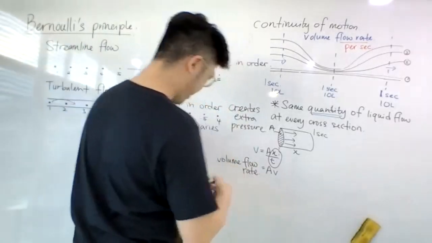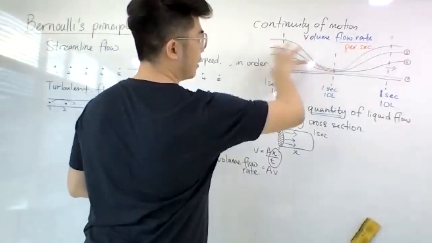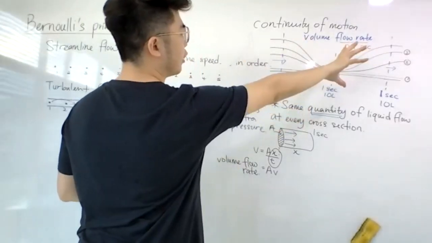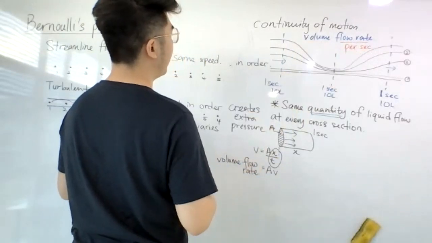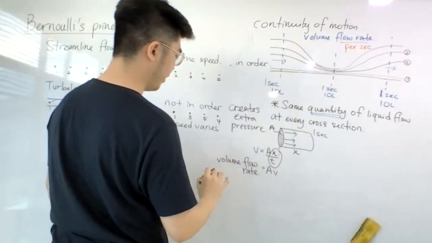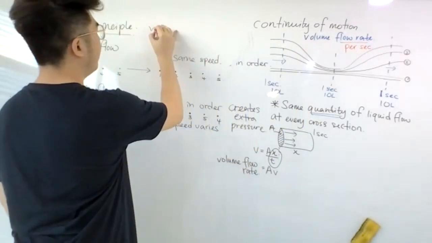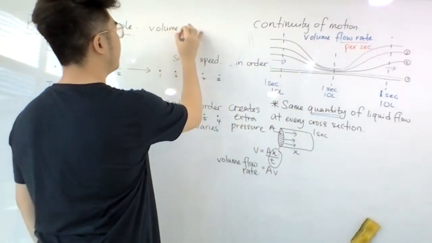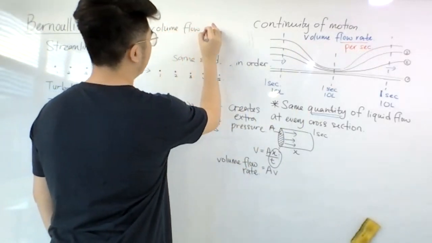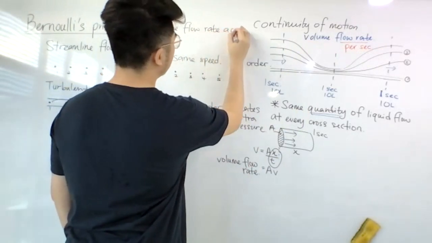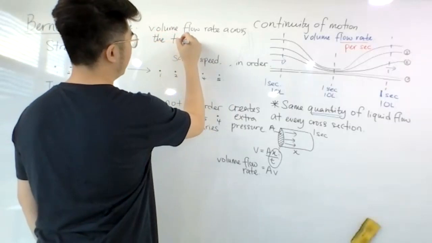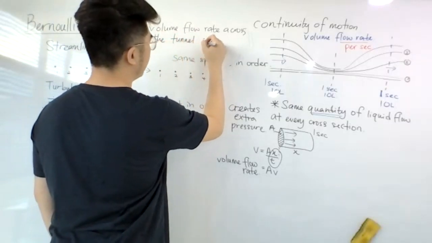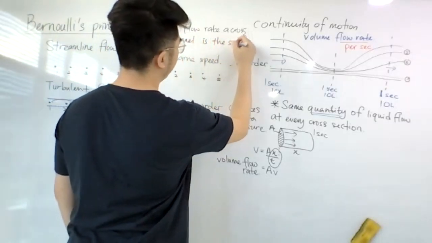The volume flow rate across the tube, across the tunnel, whatever you want to call it, is the same. I will write it here: volume flow rate across the tube is the same.